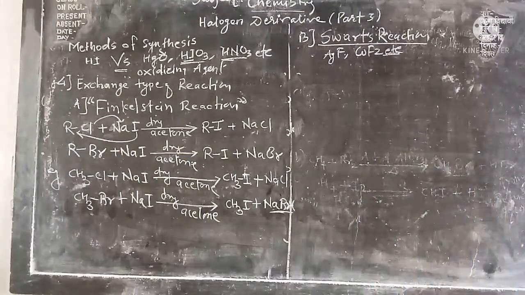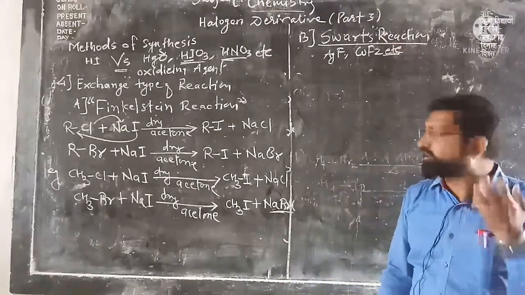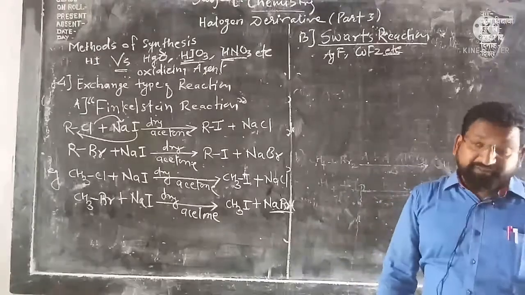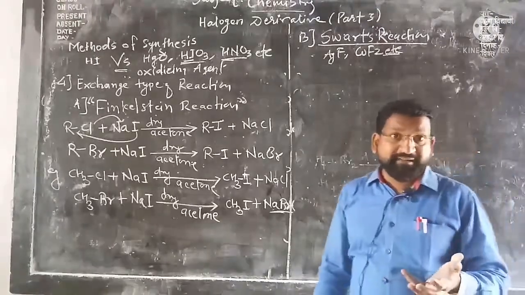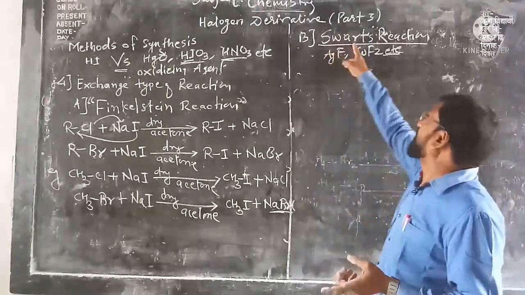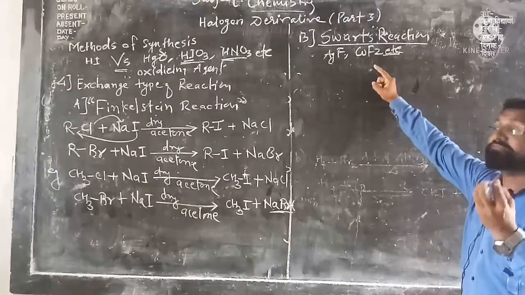Already we have discussed that fluorination is no more fruitful for the preparation of alkyl fluoride because of the explosive nature of the reaction, and the poisonous and corrosive nature. That's why only the Swarts reaction is found to be very successful for the preparation of alkyl fluorides.